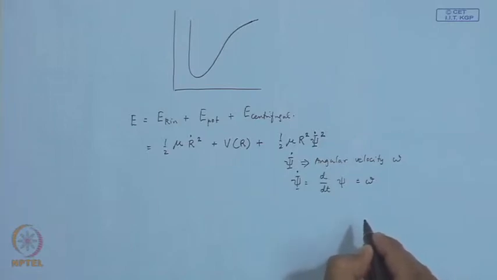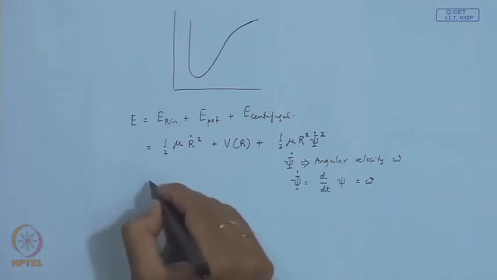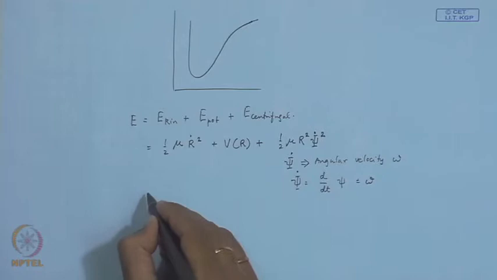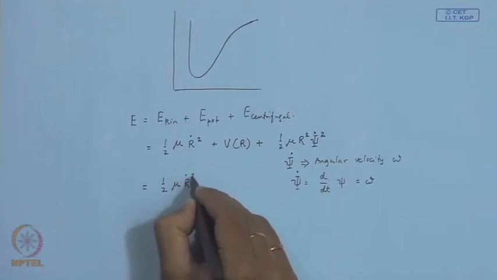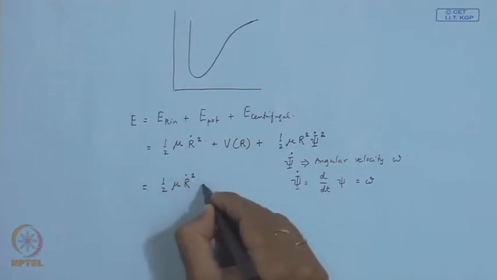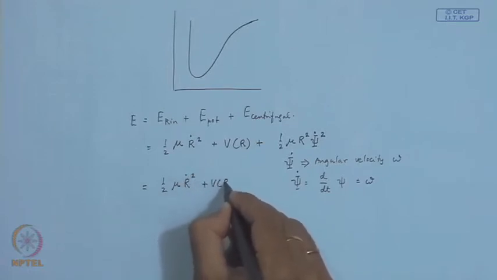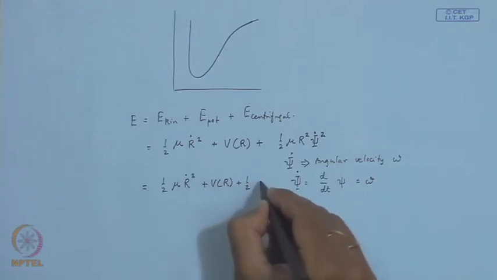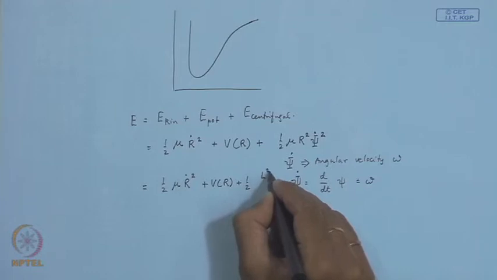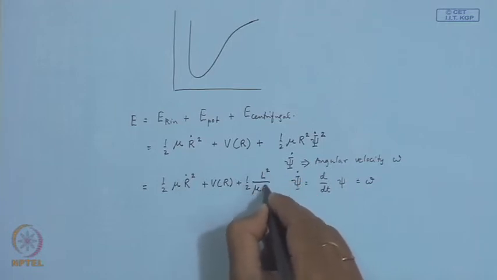So you can write half mu r dot square plus V r plus half L square by mu r square.